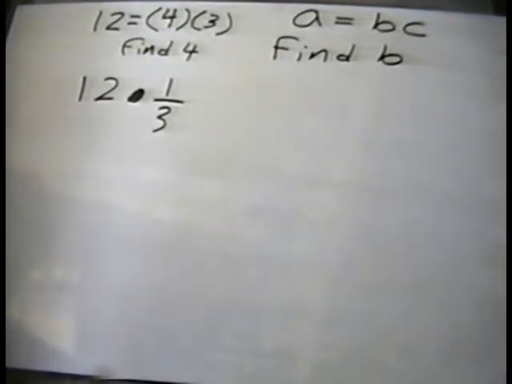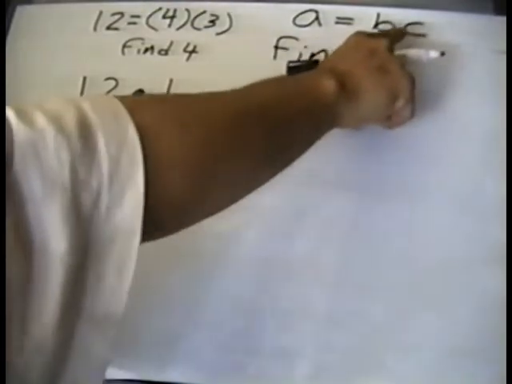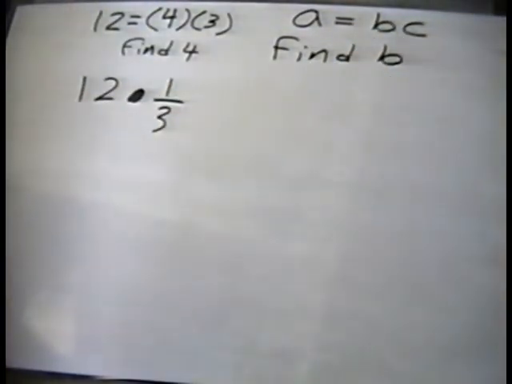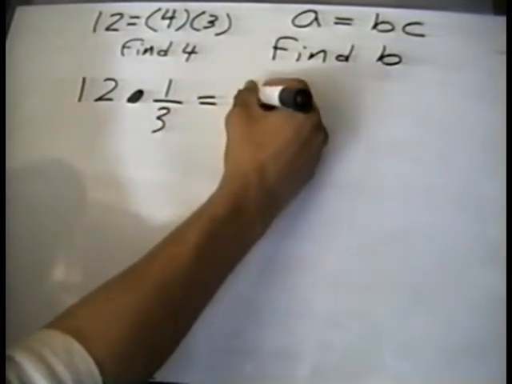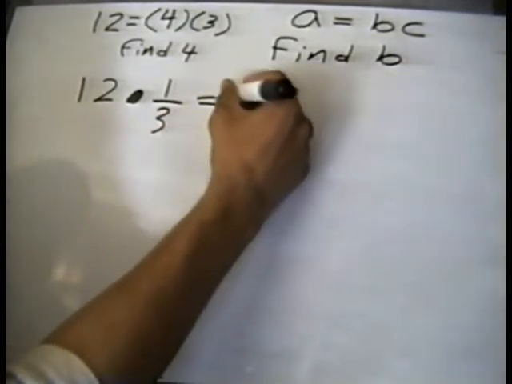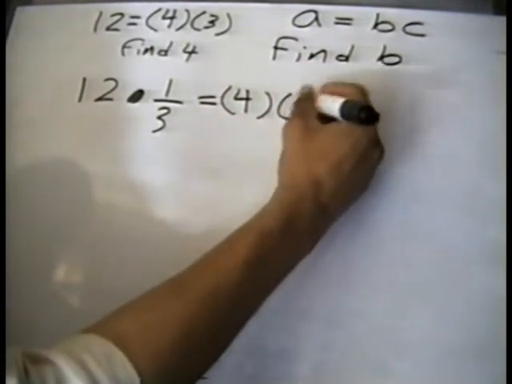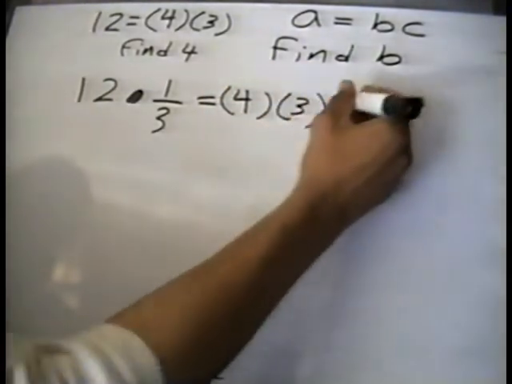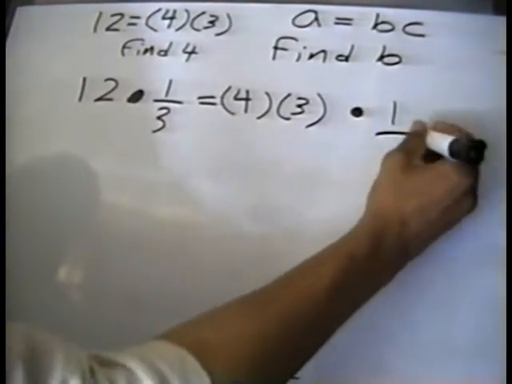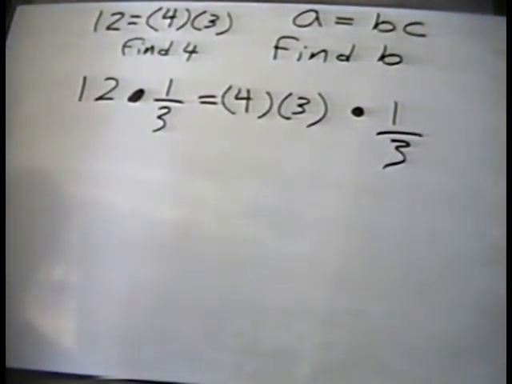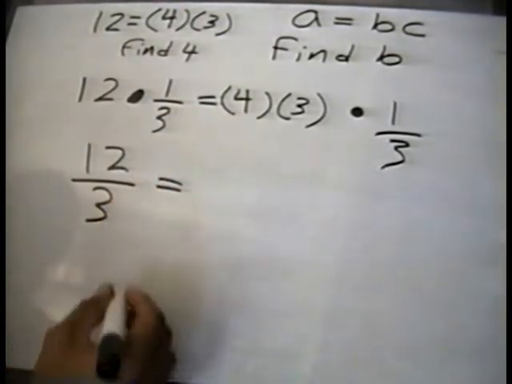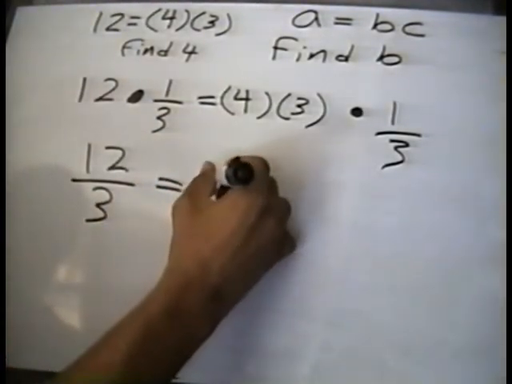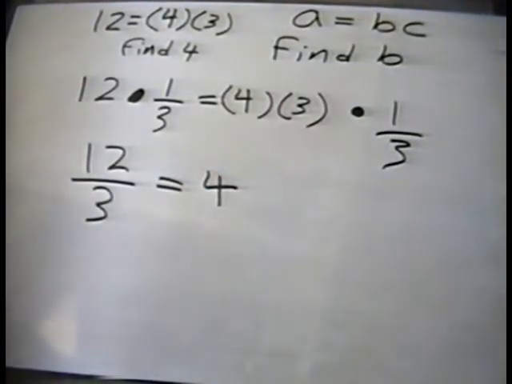So we multiply both sides of the equation by the reciprocal of 3. On the right here, we multiply both sides by the reciprocal of C. On this side of the equation, we get that, okay?